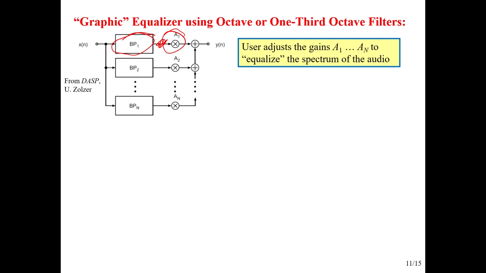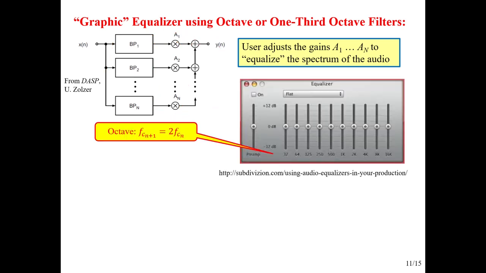So we can either boost those frequency components or cut those frequency components or leave them untouched. So we're slicing it up into a bunch of parts, each part focused to some degree in a certain frequency range, and then we can adjust those, and then we add them all together to create the output.